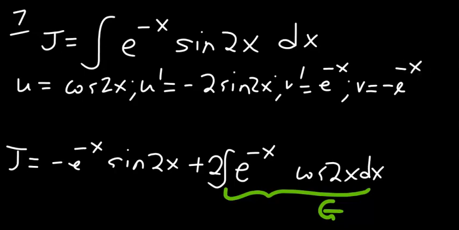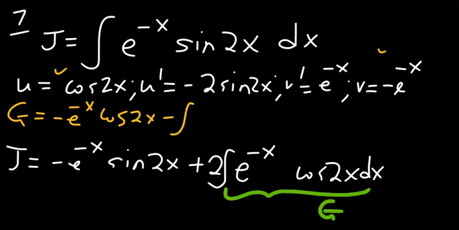So now that means g is u times v, so u is this, v is that. So it's minus e to the power minus x times cosine 2x minus the integral of now u prime and v.